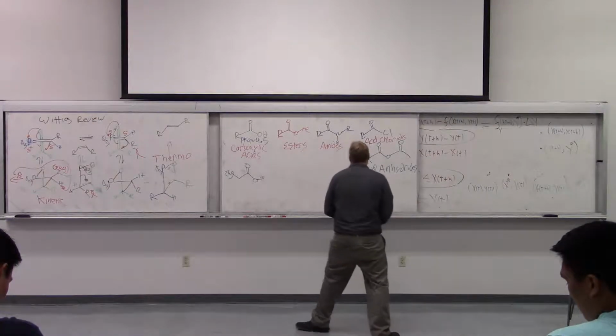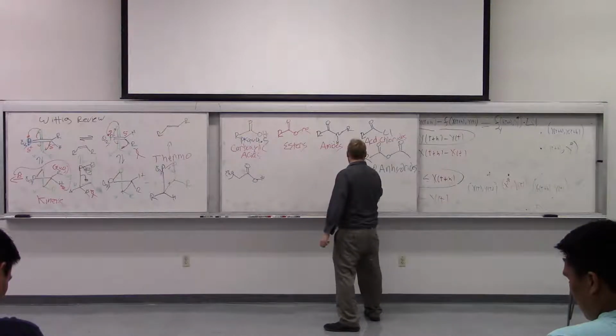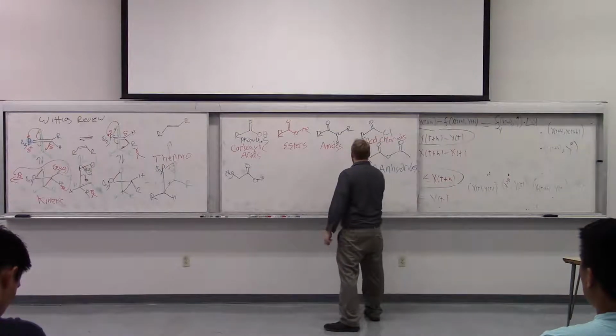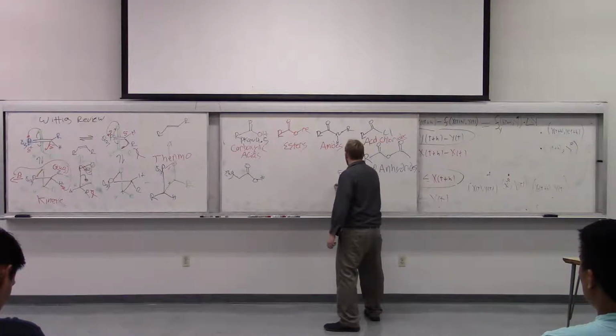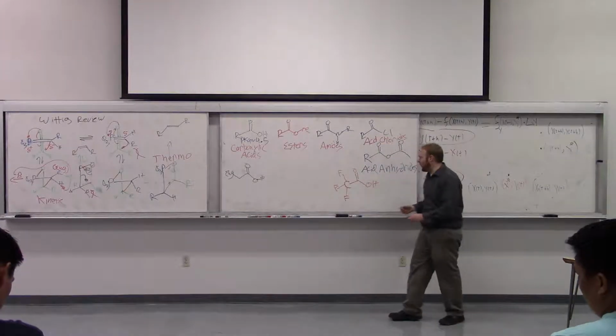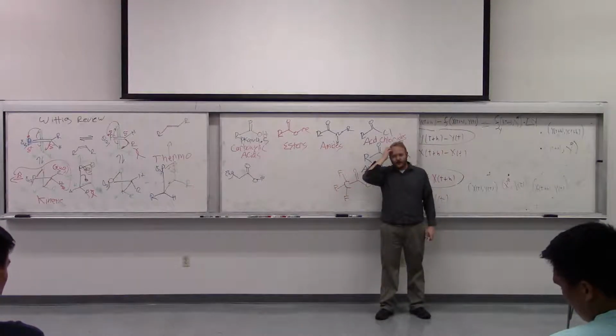And let me show you a classic example in orange. Trifluoroacetic acid. So acetic acid has a pKa of 4.5. This is a carbon with 3 fluorines off of it.